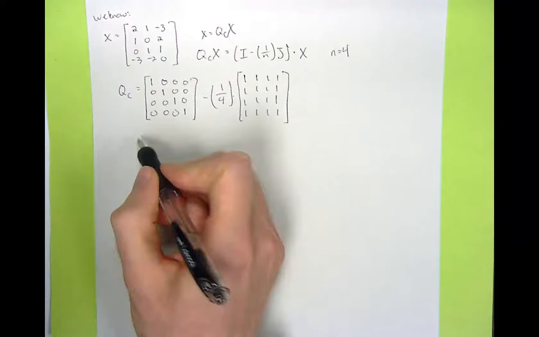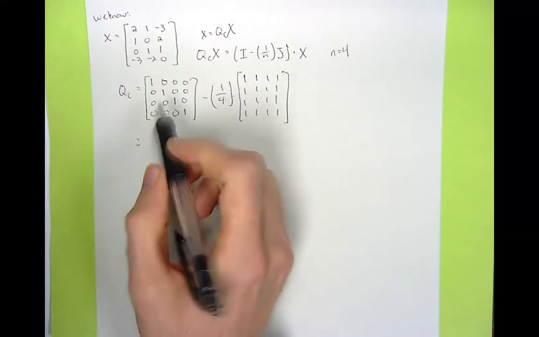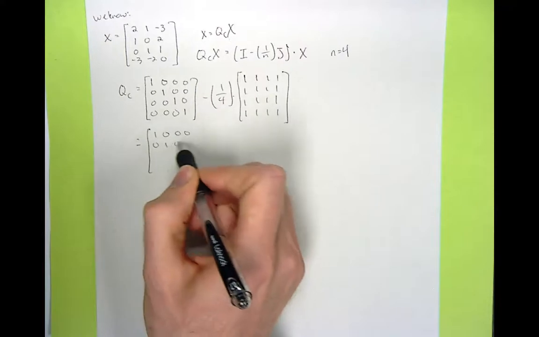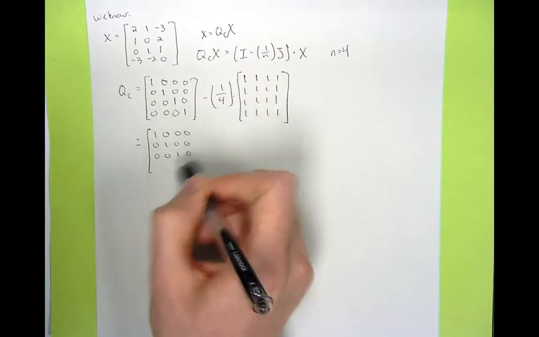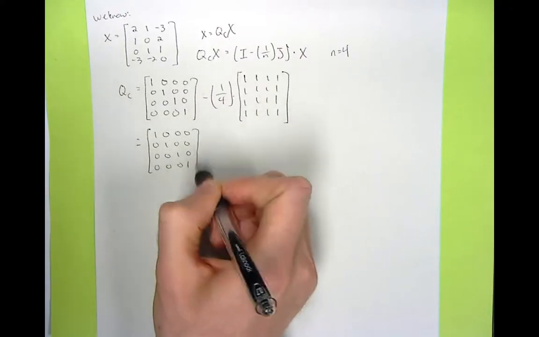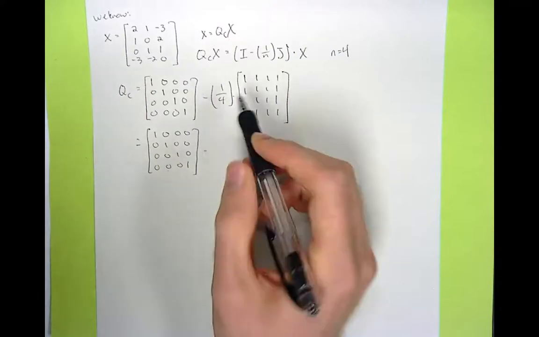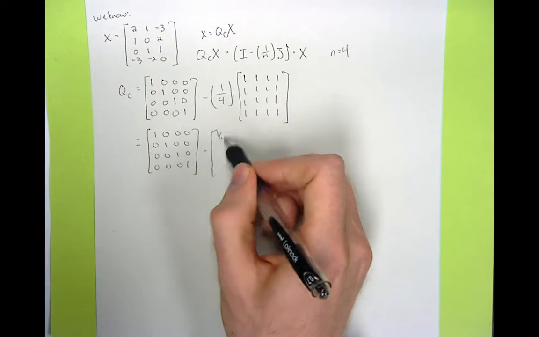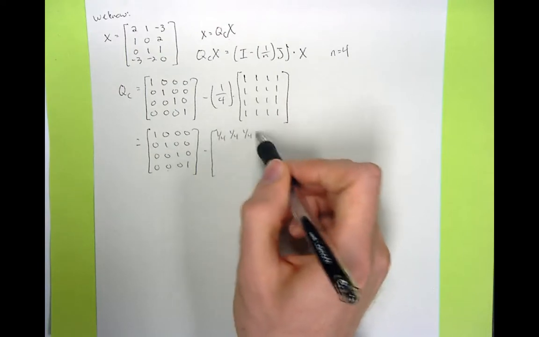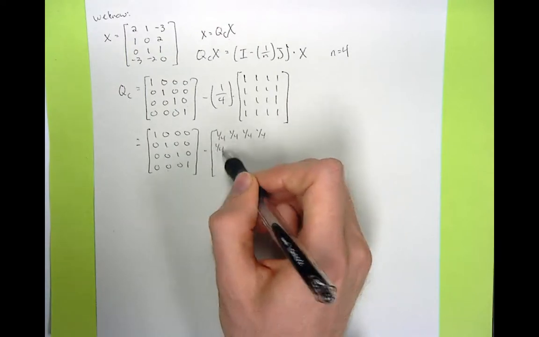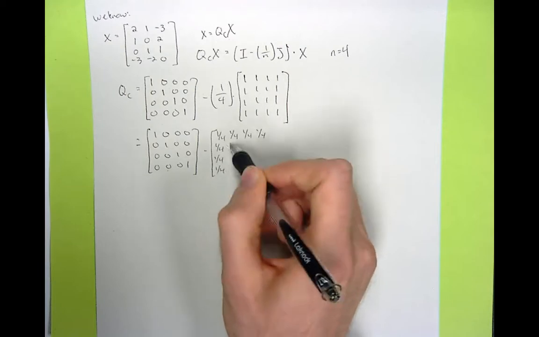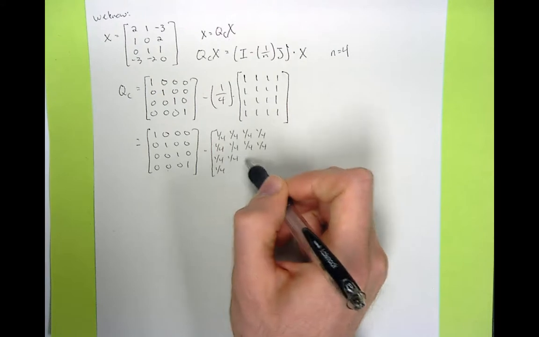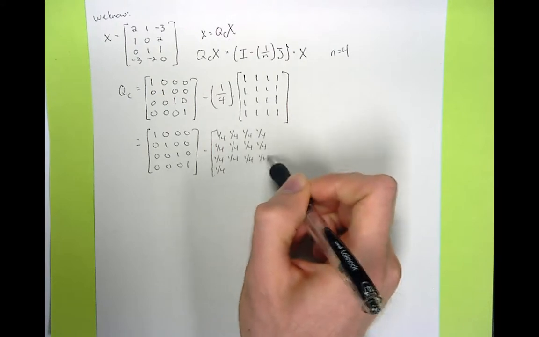And this is going to equal, you just multiply this through and we'll get 1/4 in each one.